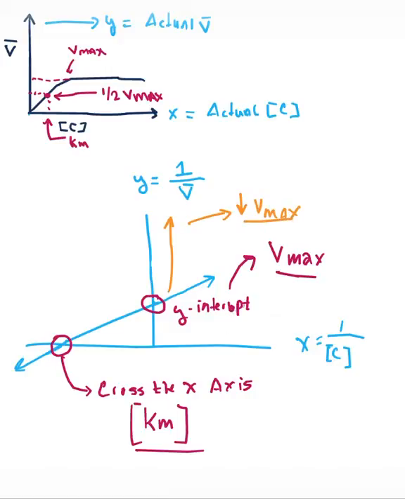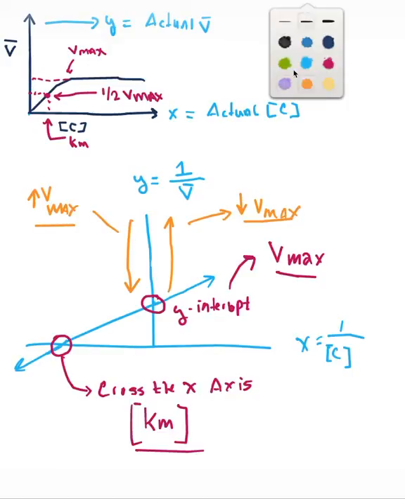All right. As I go down toward the x-axis, that is going to be indicative of an increase in the Vmax. And likewise back here, I'll do this in a different color.